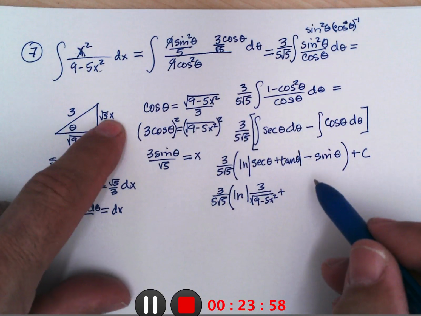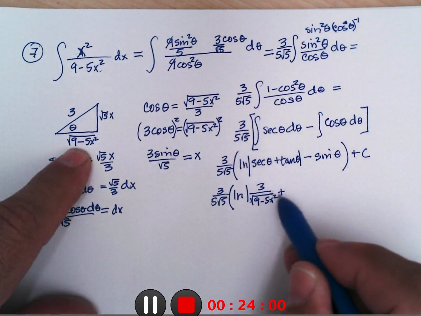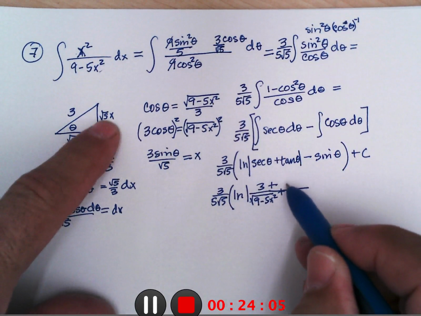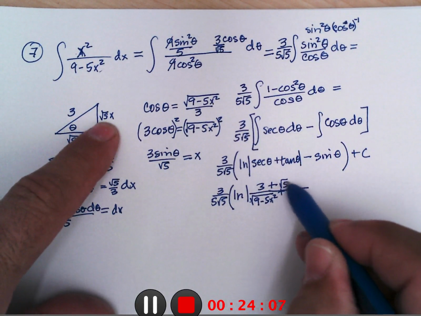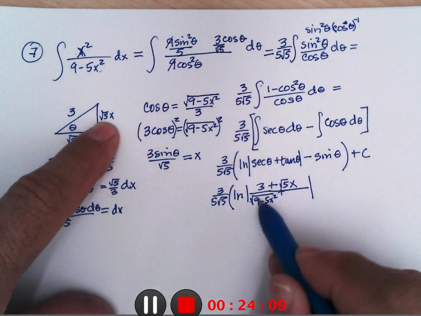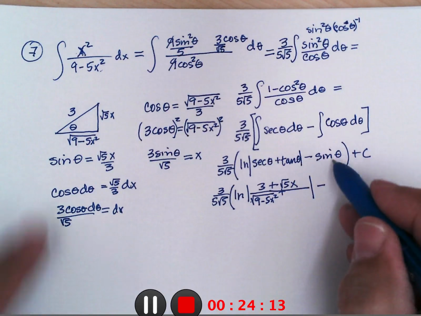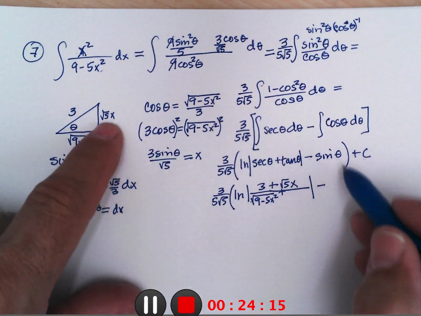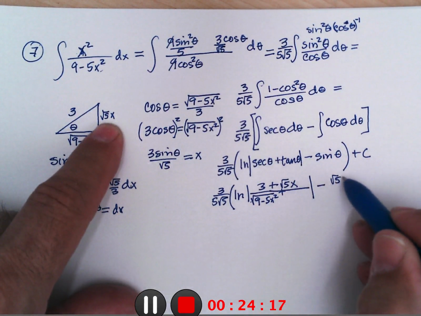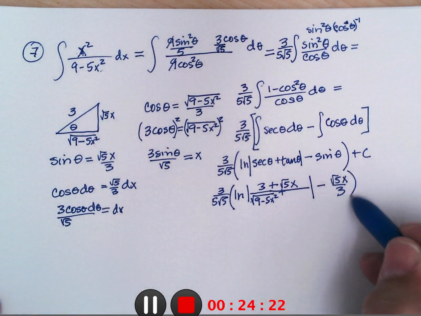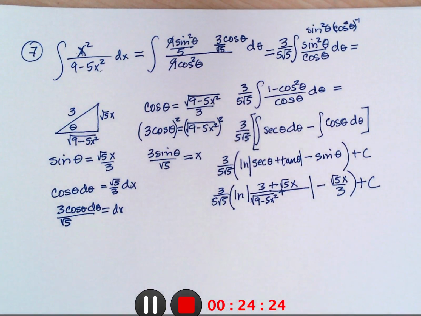So they're both over the same thing. So I could go 3 plus square root of 5x over that denominator minus the sine of this, which is square root of 5x over 3. Okay?